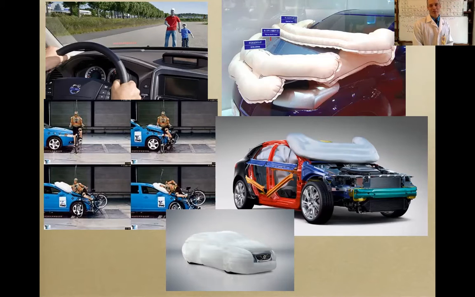So some of the things they've done is tried to make bumpers not metal, so it doesn't break people's legs. They've created hoods that compact easier, and they have space between you and the engine, so the hood's not right up against the solid material.